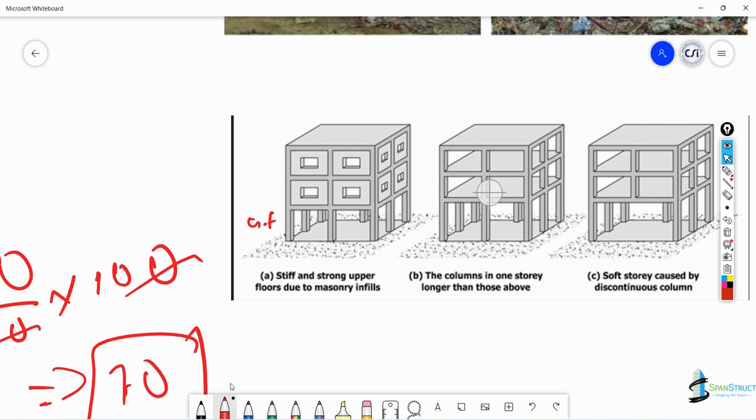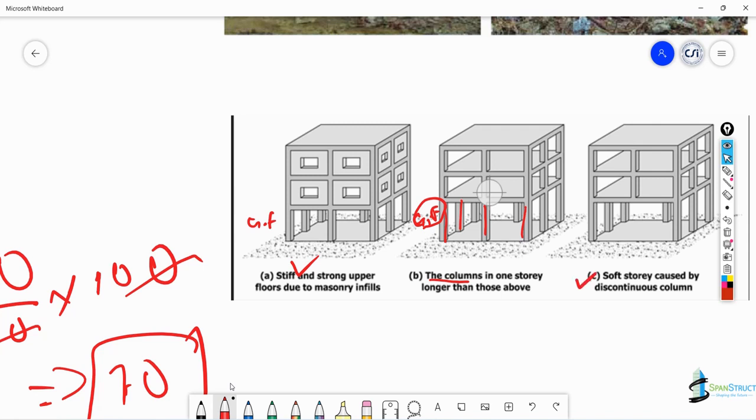Obviously this story will become a soft story because no masonry infill walls are given here. Now the second condition, where there is a long column in the story below. If this is the ground floor and the ground floor has a long column, the stiffness of this particular story will become less, and that is why this ground floor will become a soft story.